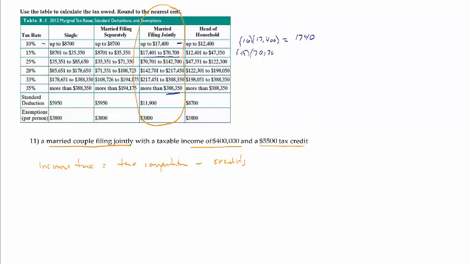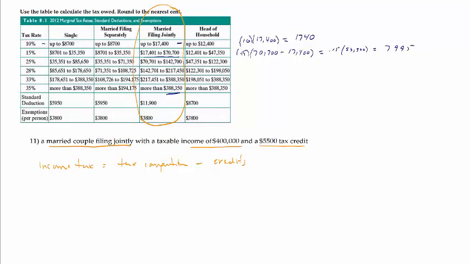So 70,700 minus 17,400. I'm going to be paying 0.15 times 53,300, and that's going to give me 7,995. And again, if I made somewhere below that, I'd stop right there.